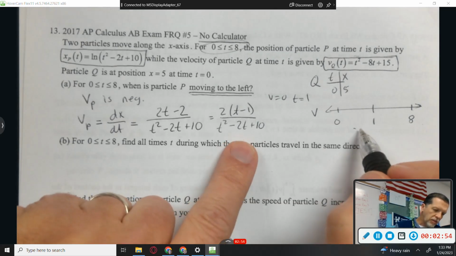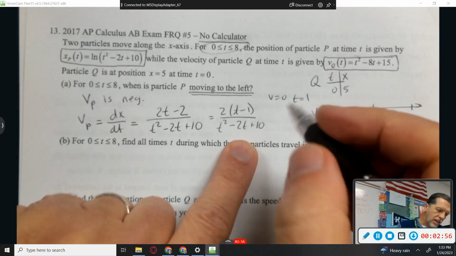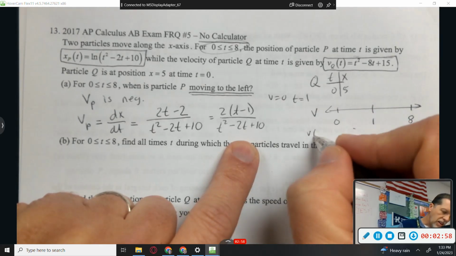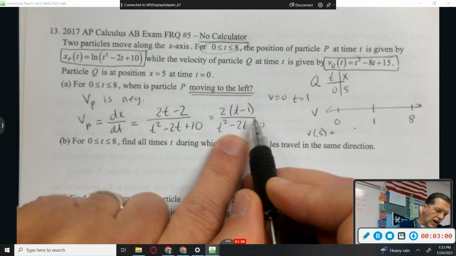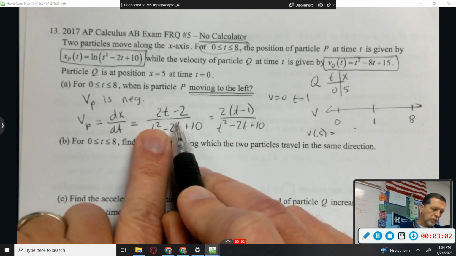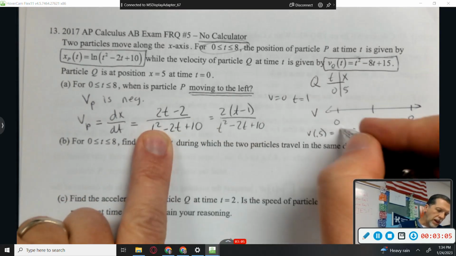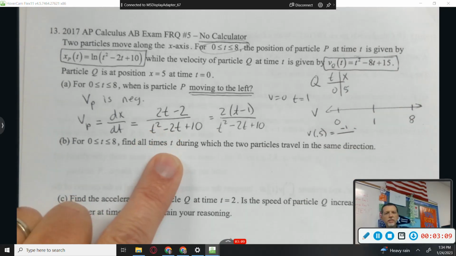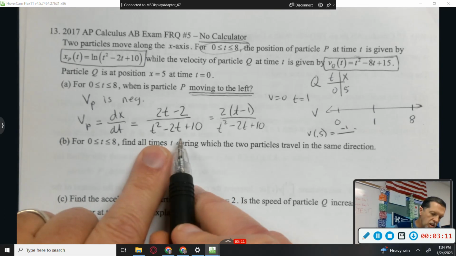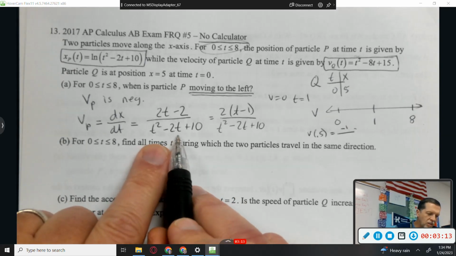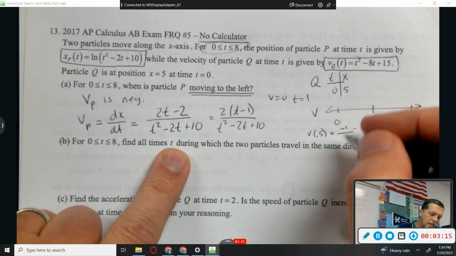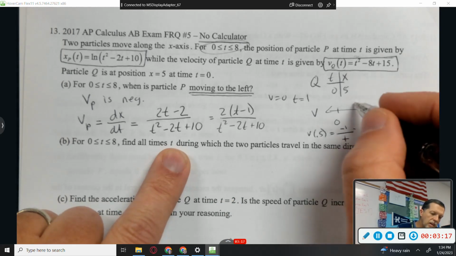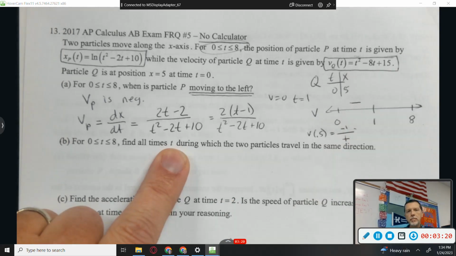If I test 0.5, the top becomes, well, maybe this one would be easier, negative 1 over, I'm only concerned about positives and negatives here, 0.5 minus 1 plus 10, definitely positive. So we're negative from 0 to 1.